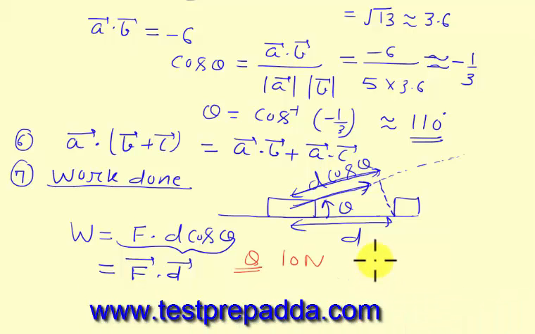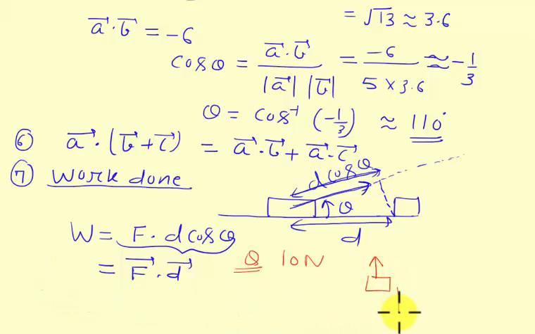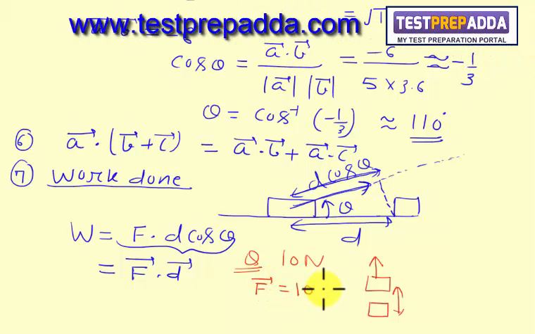The force is in the upward direction and the displacement is in the downward direction. So what will be the force vector? If I say 10 k cap, then the displacement vector will be minus 2 k cap, because in the question I said the body is displaced through 2 meter in vertically downward direction.